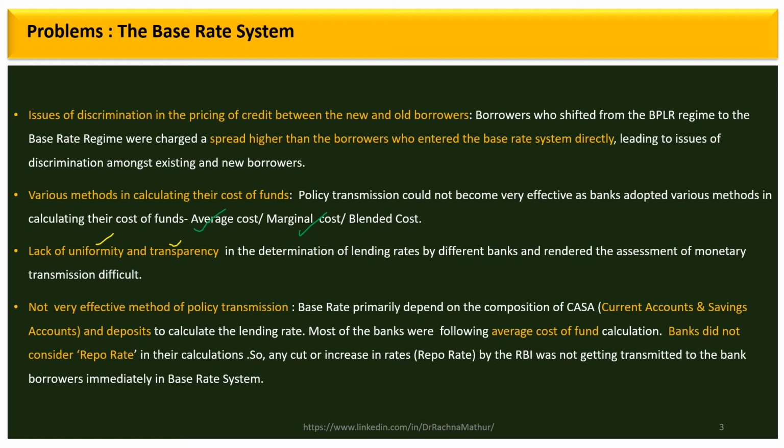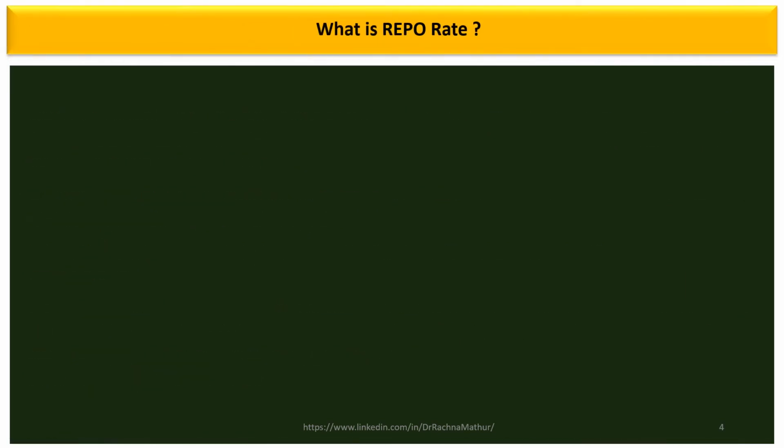Banks did not consider the repo rate in their calculation. So any cut or increase in the repo rate by RBI was not getting transmitted to the bank's borrowers immediately in the base rate system. What is repo rate and what is the importance of repo rate in banks' lending rate system?